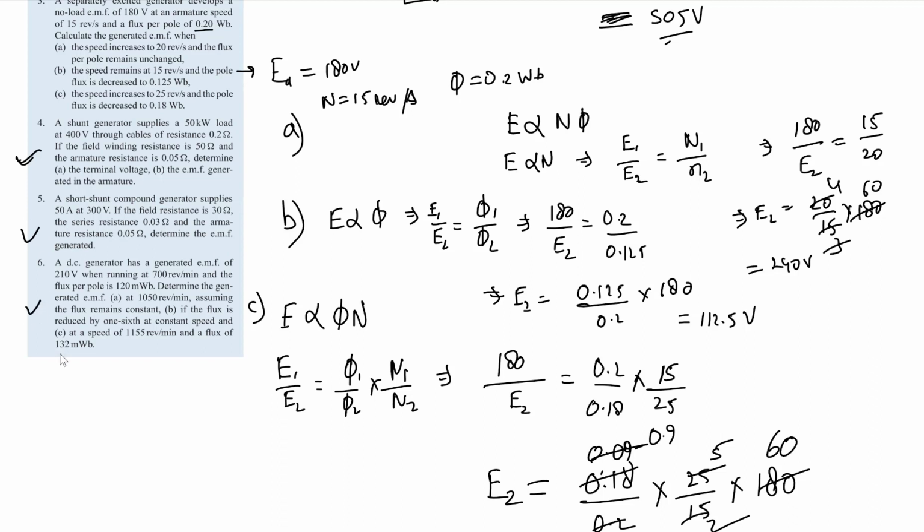Sixth one: a DC generator has a generated EMF of 210 volt and is running at 700 revolutions per minute. Let us see this question.